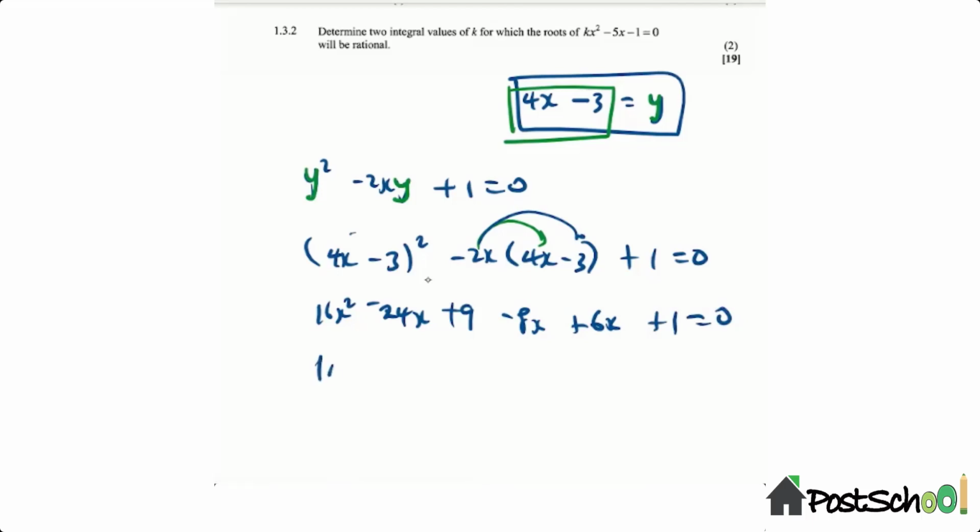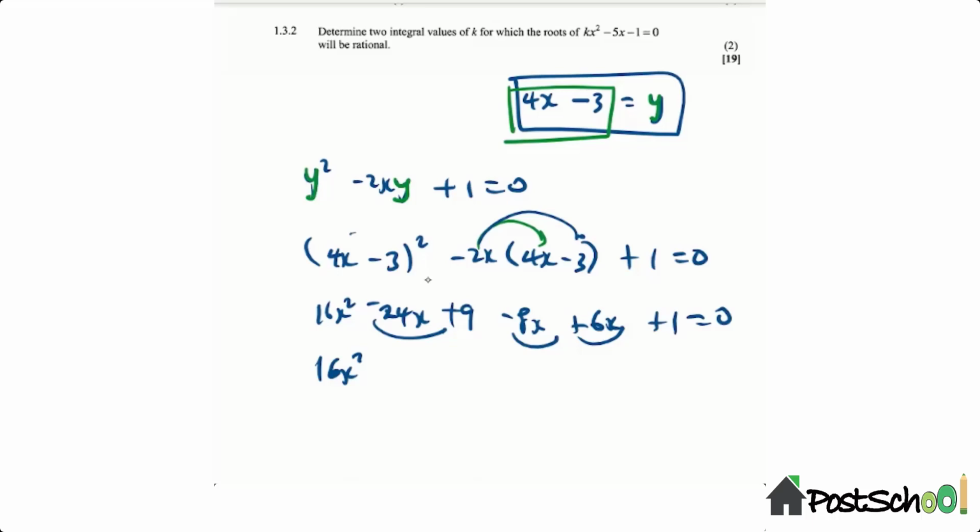So this is going to be 16x squared negative 24x minus 8x plus 6x. Now these are like terms: negative 24x, negative 8x, plus 6x, meaning you can add these numbers. So negative 24 minus 8 plus 6.